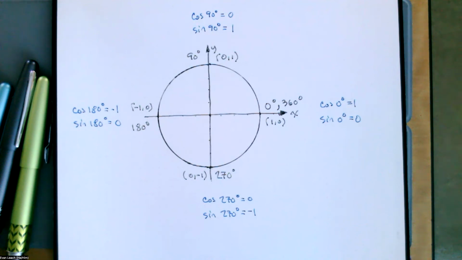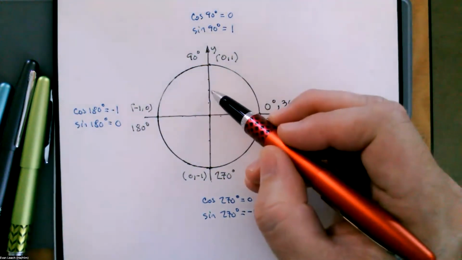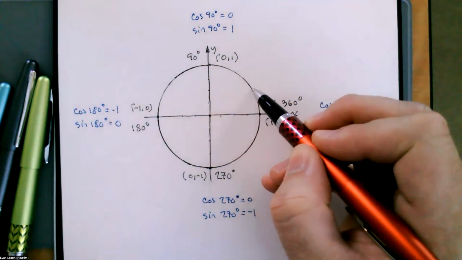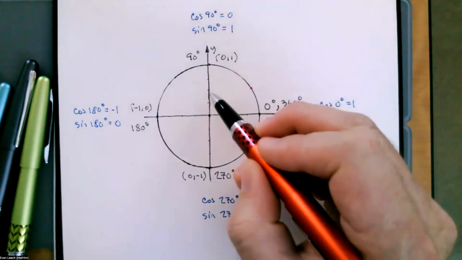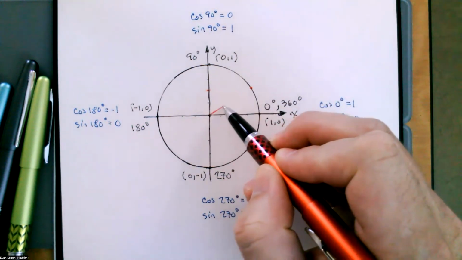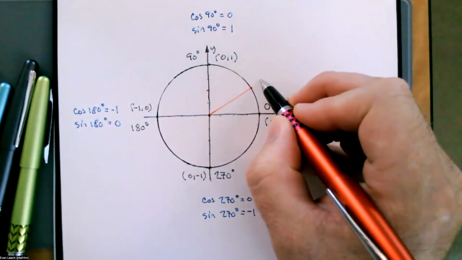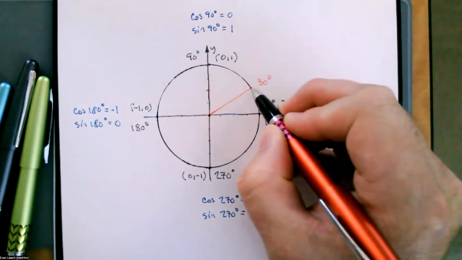30-degree reference angle. So if you want to draw a 30-degree reference angle, what we're going to do is go up half on the y and then straight across. And here we're going to be at a 30, theta equals 30 degrees.